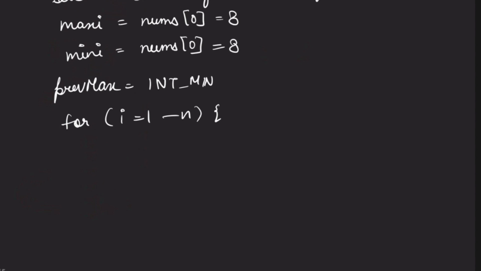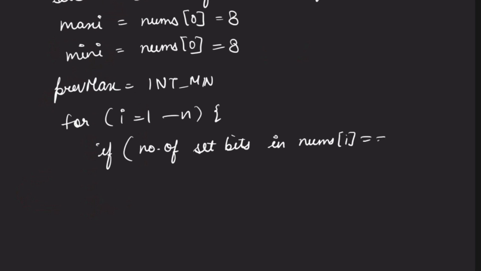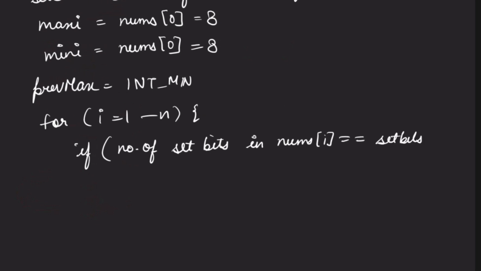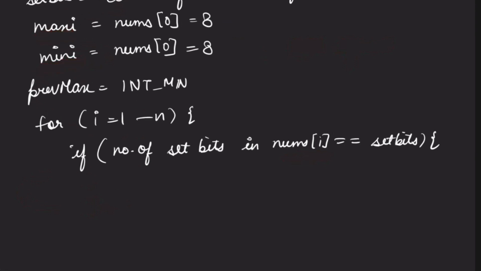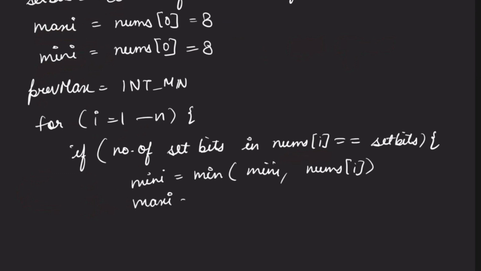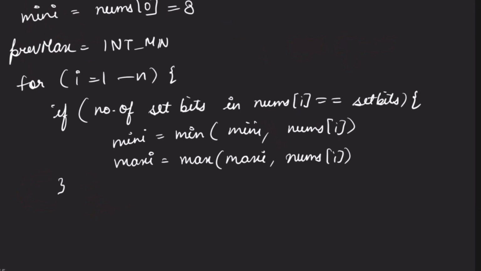If the number of set bits in nums of i equals the set bits, then this element nums of i belongs to the current segment, and we should update our minimum and maximum. In mini, we write the minimum of mini, comma, nums of i, and in maxi, we write the maximum of maxi, comma, nums of i. This is the case where our current element is part of the current segment.